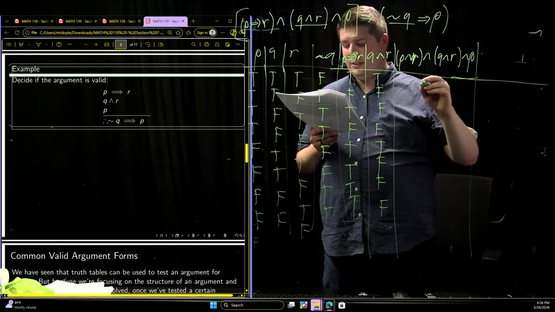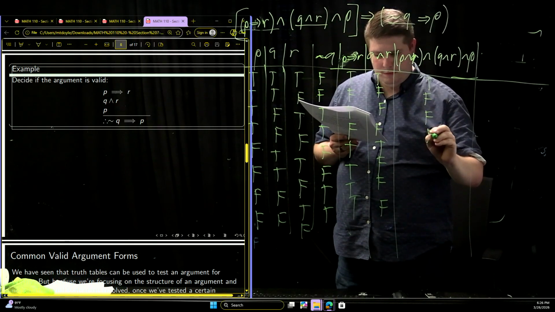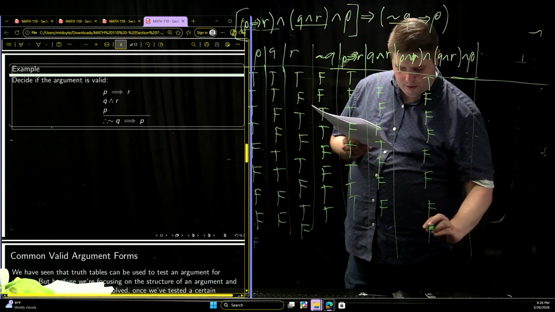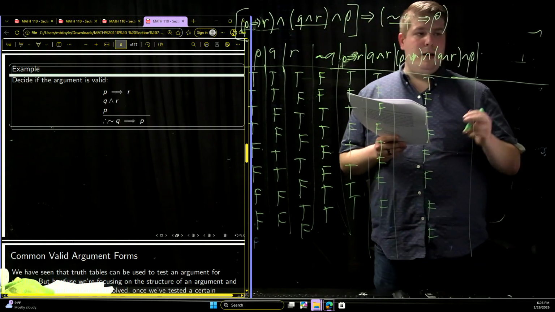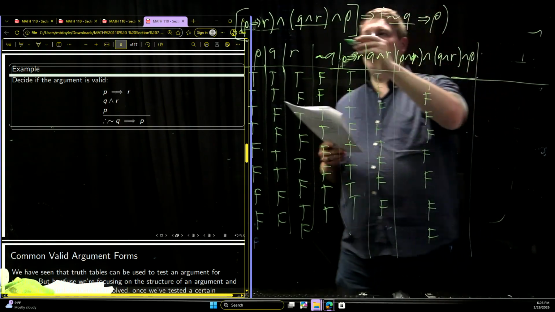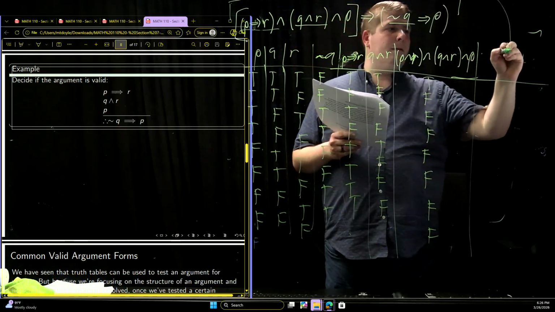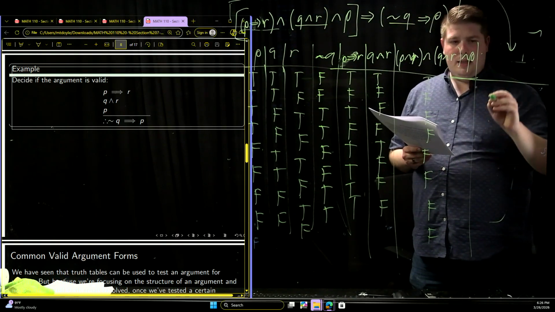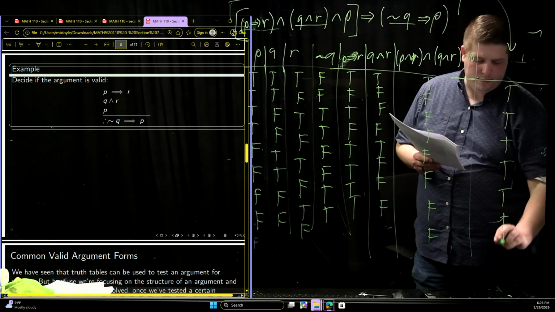That's going to give us true, false, false, false, false, false, false, false. Once again, check it for yourself and see why it's true. And then all of this in here, in this spot, that is a complete tautology.